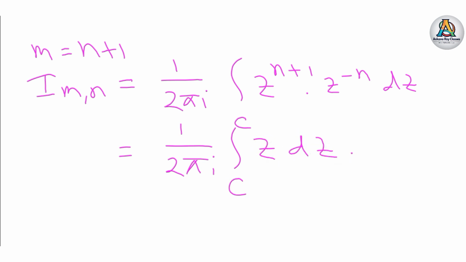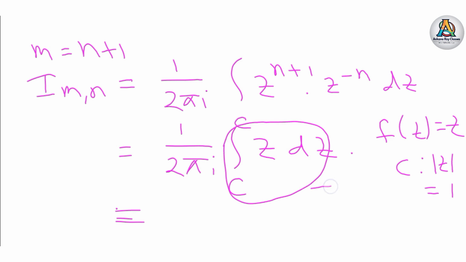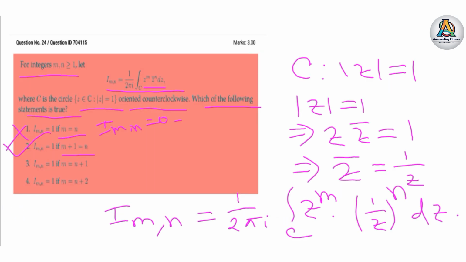Now here we use Cauchy-Goursat theorem where f(z) equal to z is analytic within and on a simple closed curve C, mod z equal to 1. So the value of this integration is equal to 0. Therefore, it is 1 by 2 pi i into 0, which is equal to 0. So option 3 is incorrect.